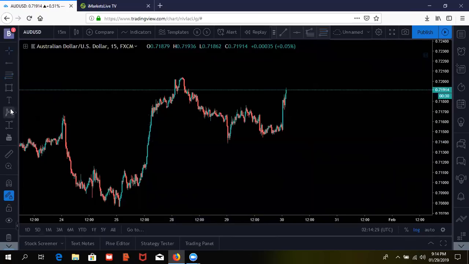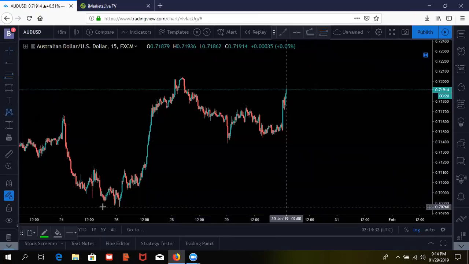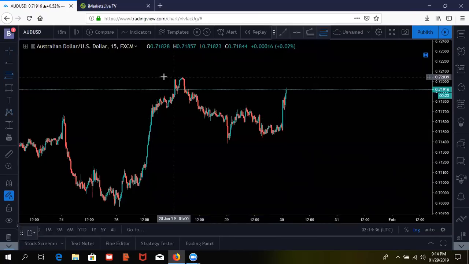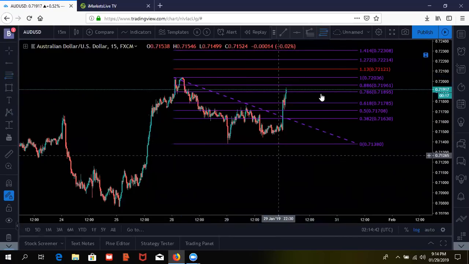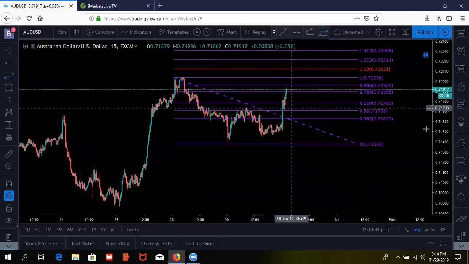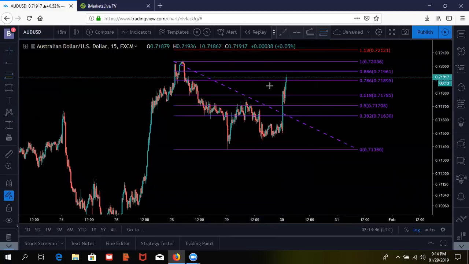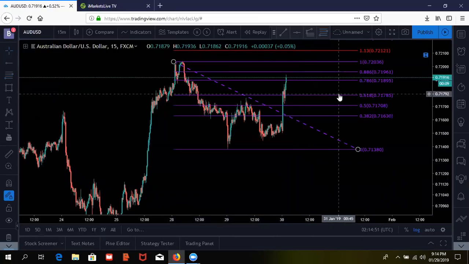Oh well. So yeah, if price pushes up here and hits that 88.6 level, then I'm going to go ahead and sell it.